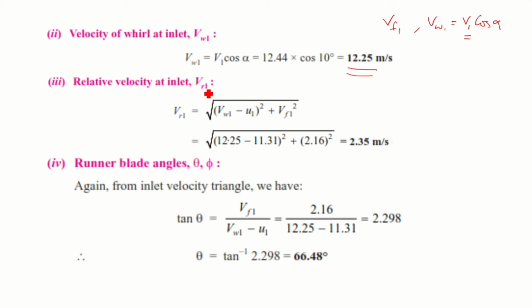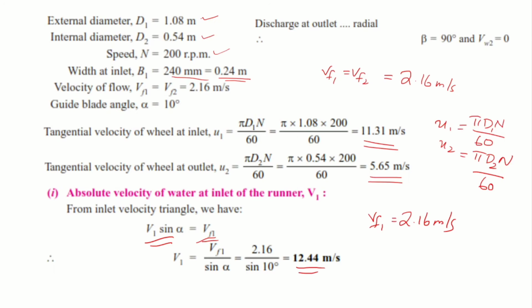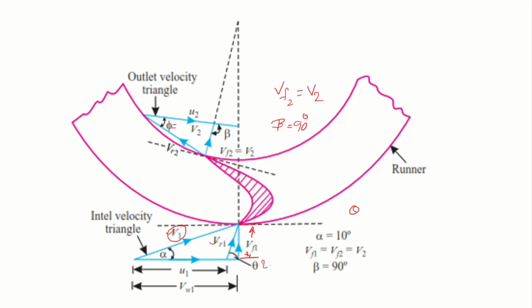Relative velocity at inlet. Next, we need to find the relative velocity at inlet. I can go to the inlet velocity triangle. So we need to find VR1. VF1 we already know, and we know the values of VW1 and U1. Taking this triangle, VR1 is the hypotenuse.